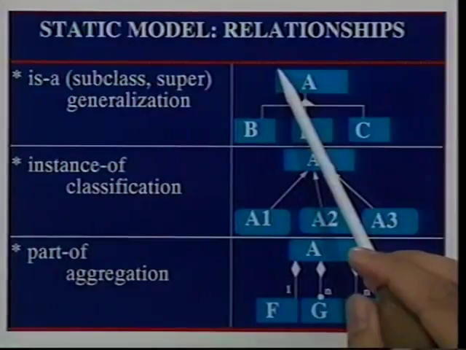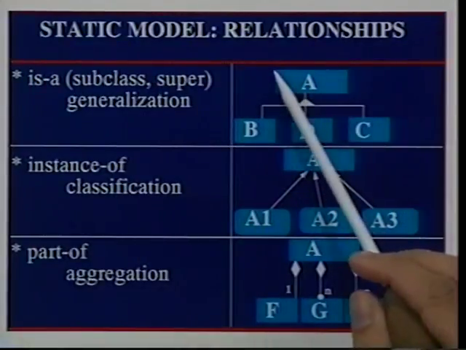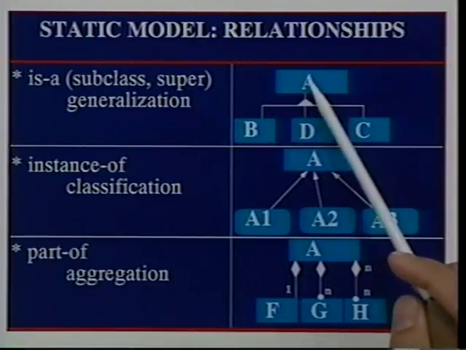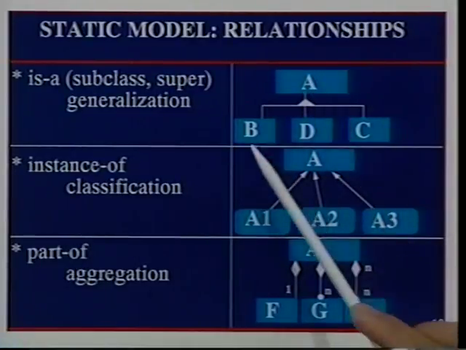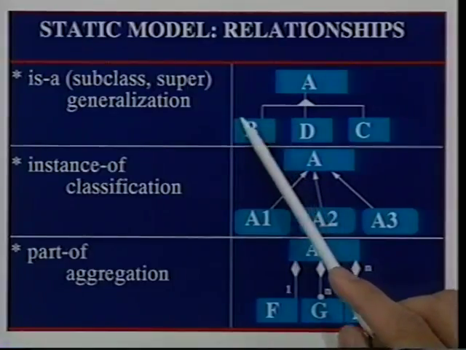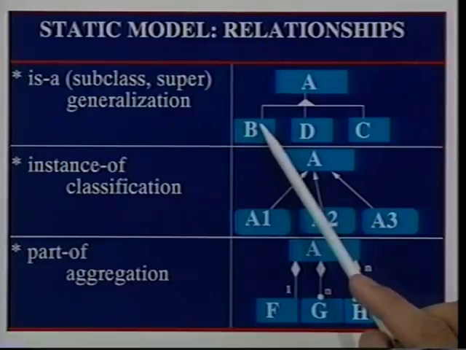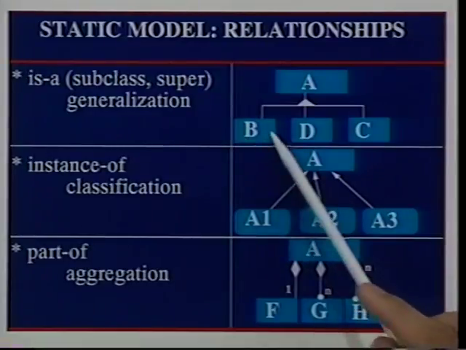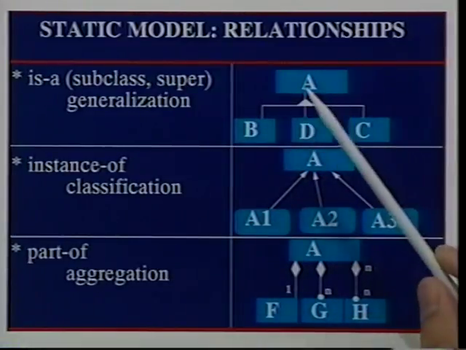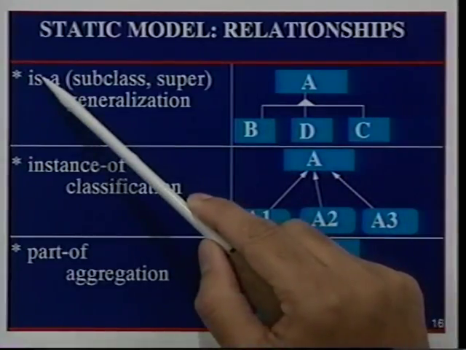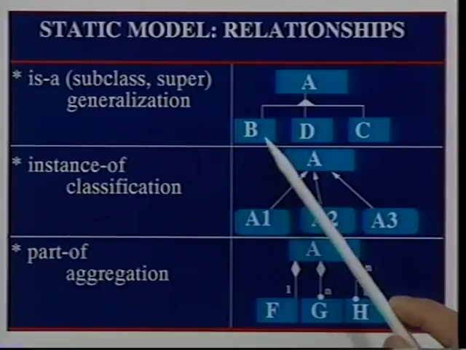Let us go to the first one, ISA. The class objects are described here by rectangles, and we provide a class name here. In this case, the class name is A. The subclasses are again rectangles, and the classes are related to other classes by the ISA relationship, as we described before.